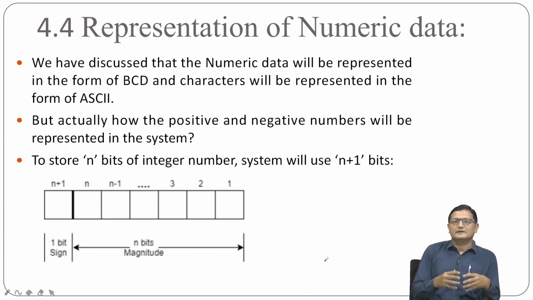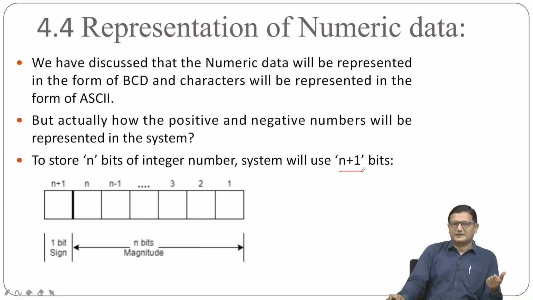Now the thing is how the numbers will be represented, right? Let's suppose you have some number. Any number given to you will be stored in the form of n plus 1 bits.